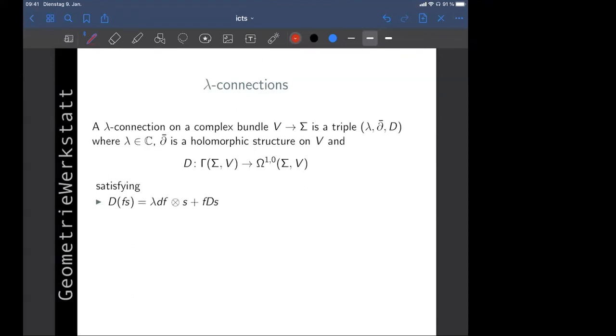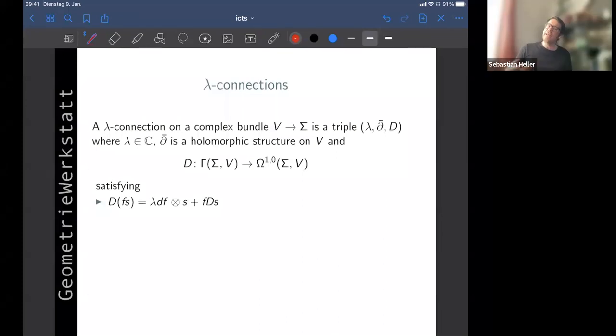Why is that sufficient? Oh, it depends on what you want to do, but it turns out that this is a good notion because it describes the space of holomorphic bundles quite well.